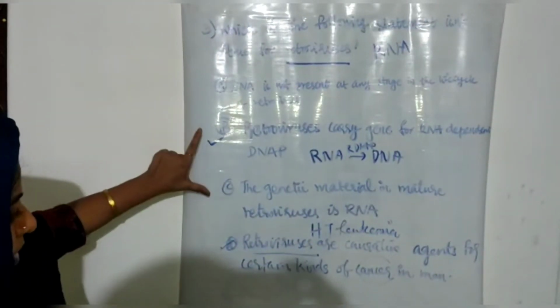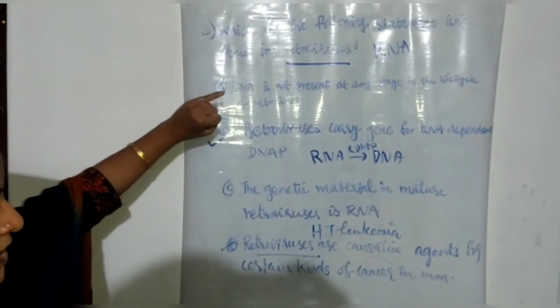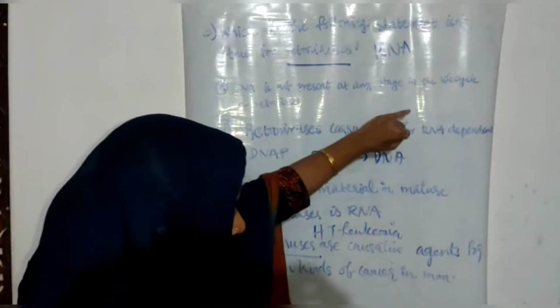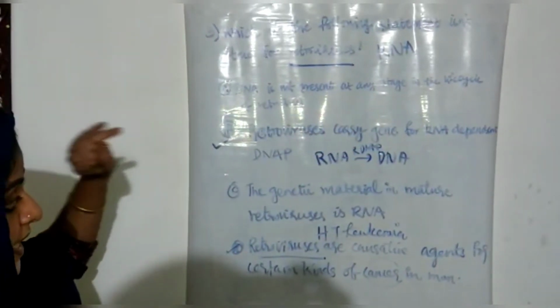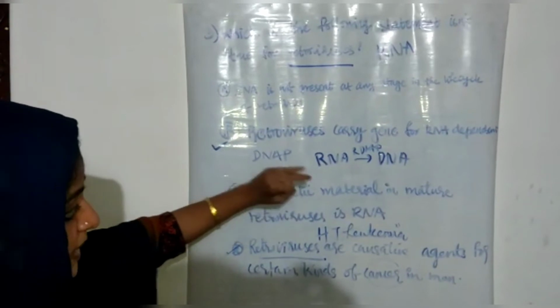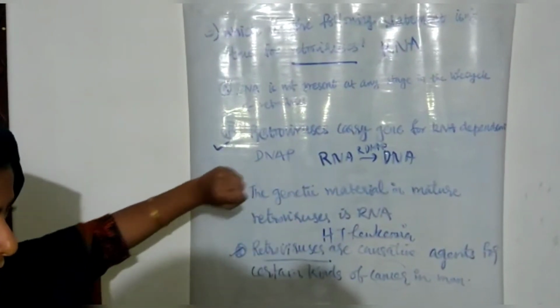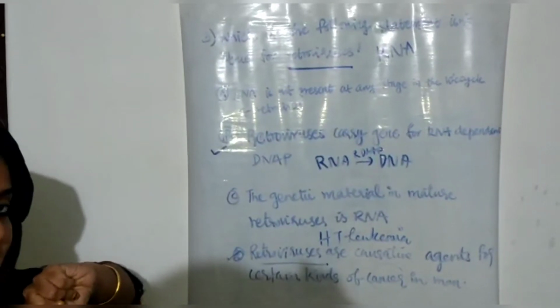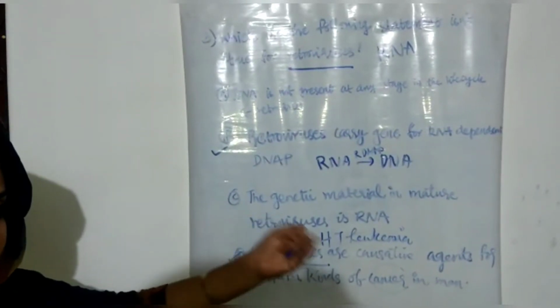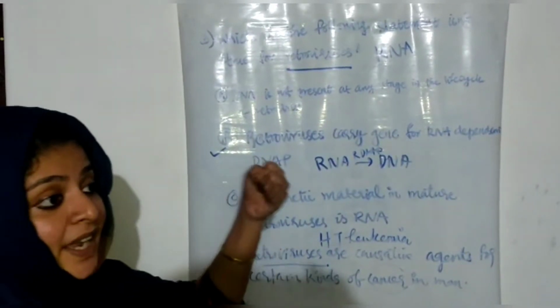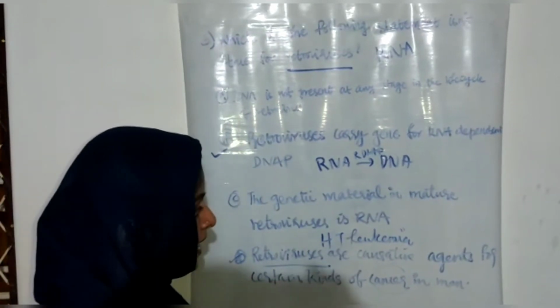Then these two are the confusing statements. DNA is not present at any stage in the life cycle of retrovirus, and option C, the genetic material in mature retrovirus is RNA. What is the genetic material in a retrovirus? It is RNA. After maturation, it enters the host and makes DNA.